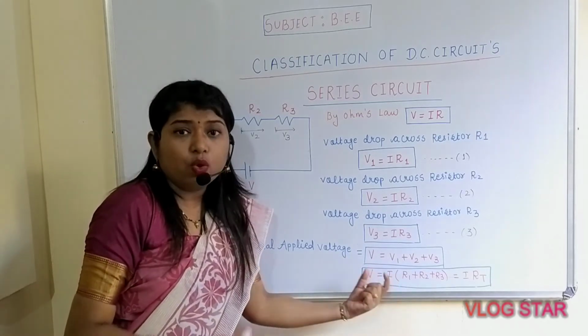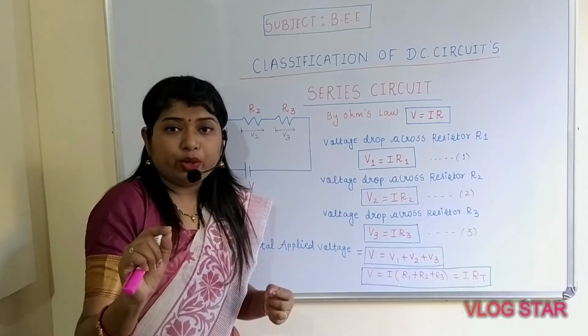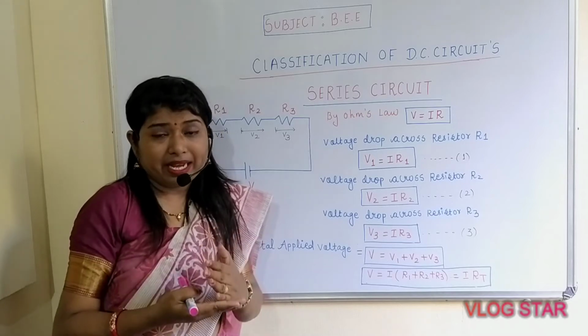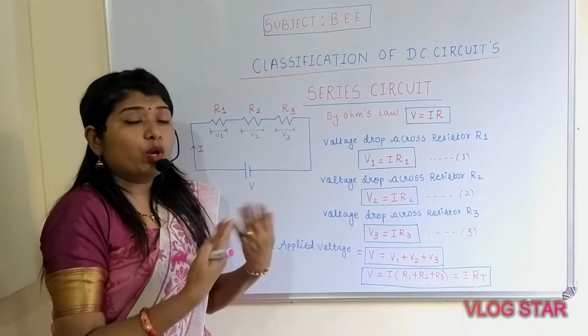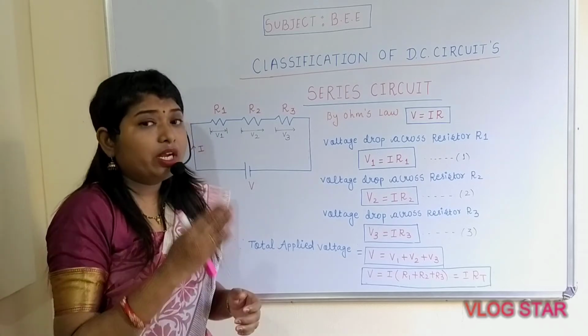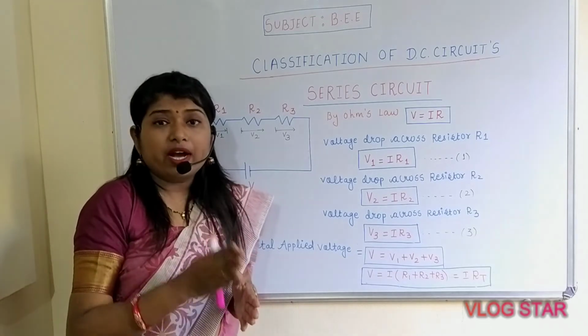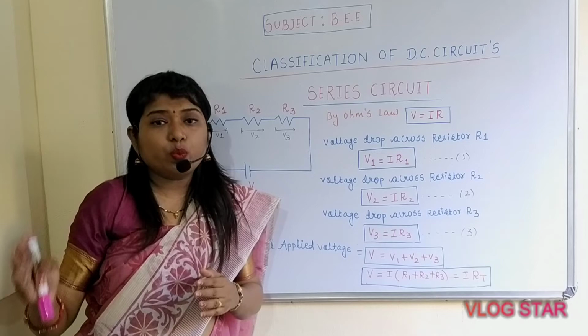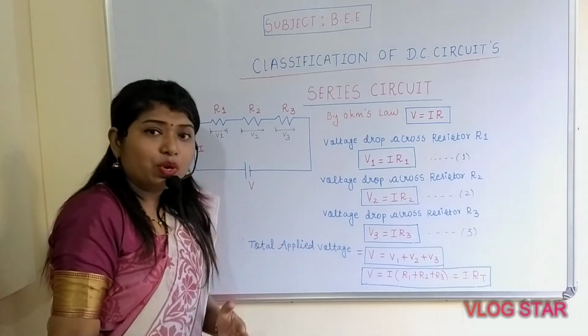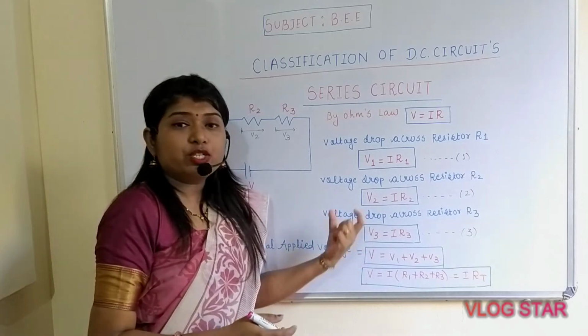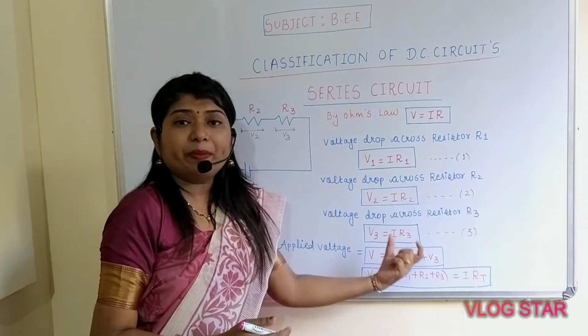V is equal to V1 plus V2 plus V3. Am I right? If in the circuit there are four resistances, what would be the applied voltage? It would be equal to V1 plus V2 plus V3 plus V4. Am I right?